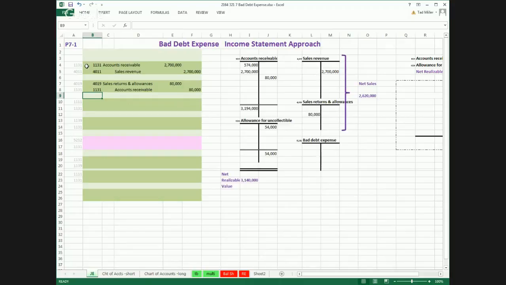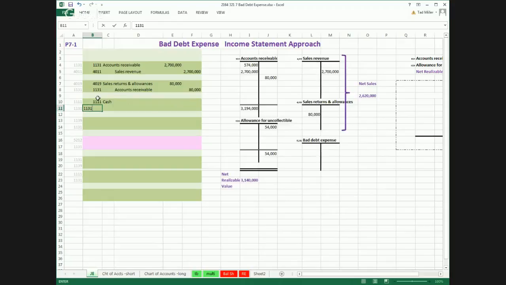Hopefully you can understand why, if we're using the income statement approach, we use net sales, not gross sales. Because if they return the goods, then they don't owe us the money and we don't have to worry about them paying us. So we use net credit sales to calculate the bad debt expense.